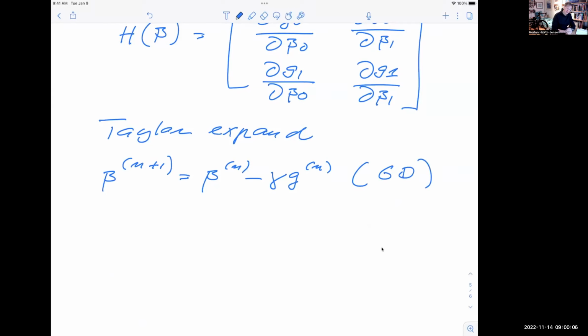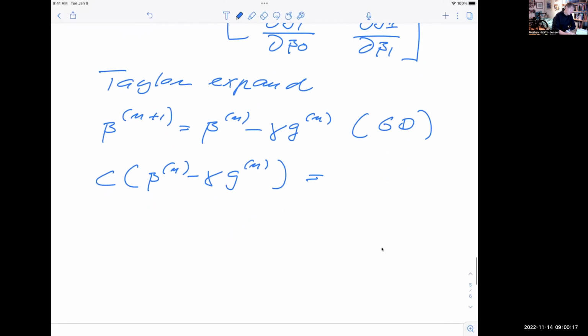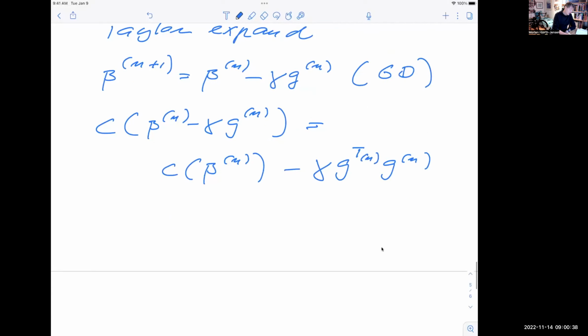So we Taylor expand around this value. That means that we look at the Taylor expansion of beta n minus this gamma times the gradient. And this is obviously going to be equal to C of beta of n. So this is just a constant. And then what we're going to get is minus, obviously, because we have a minus sign here, gamma times the gradient transpose at n multiplied with the gradient. And then we have plus 1/2, and now we have gamma squared instead of the Hessian matrix.